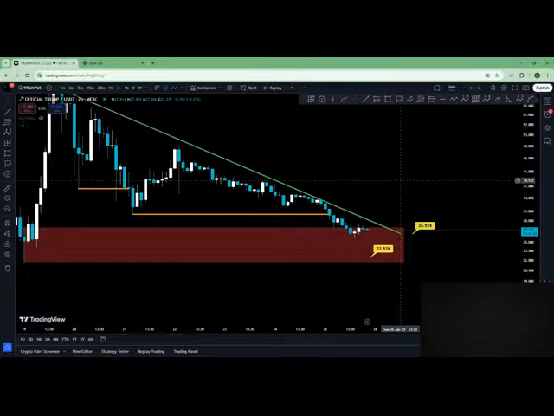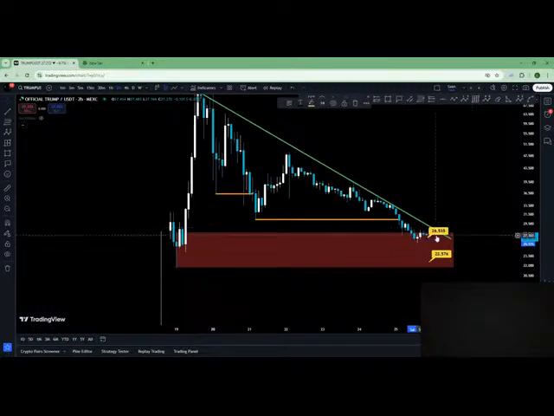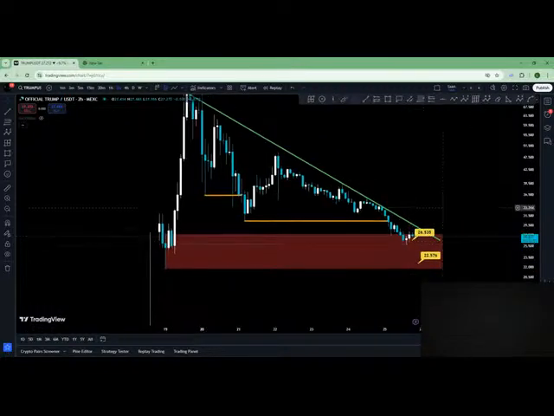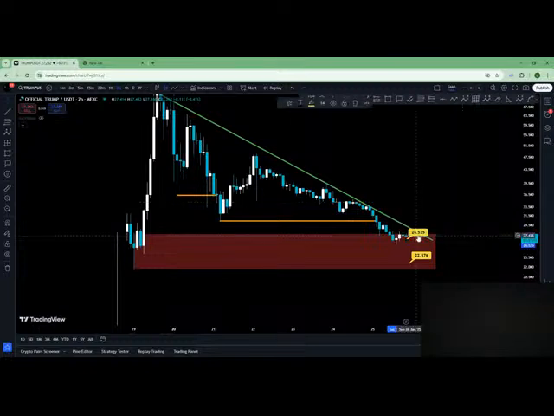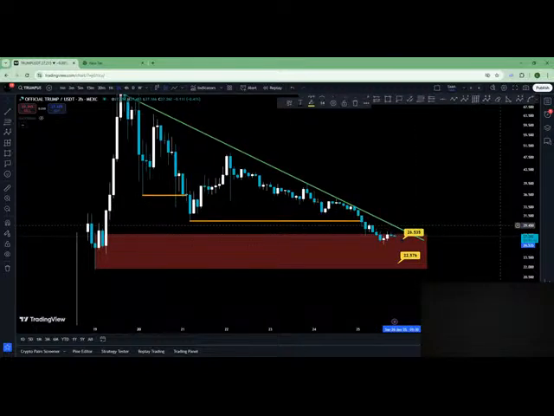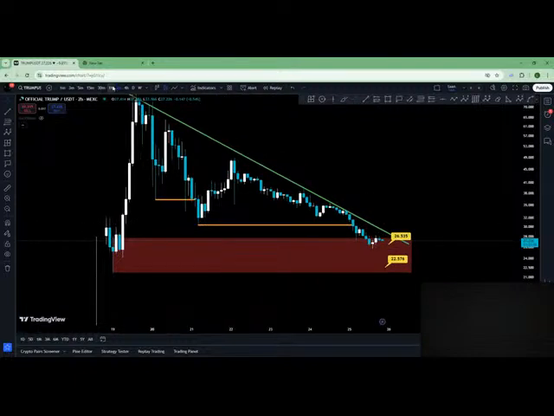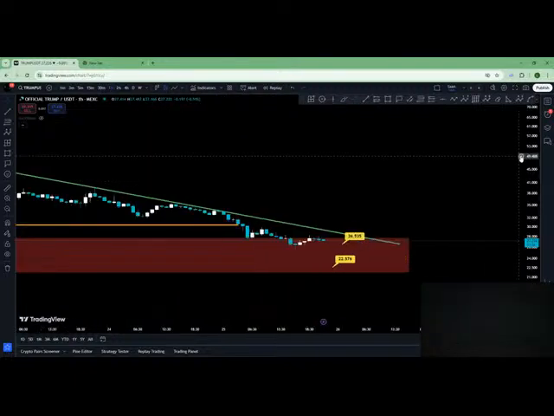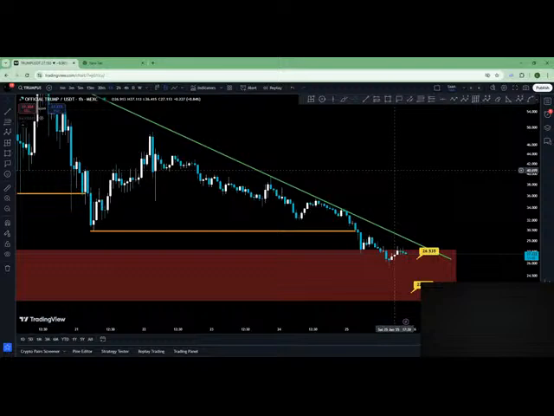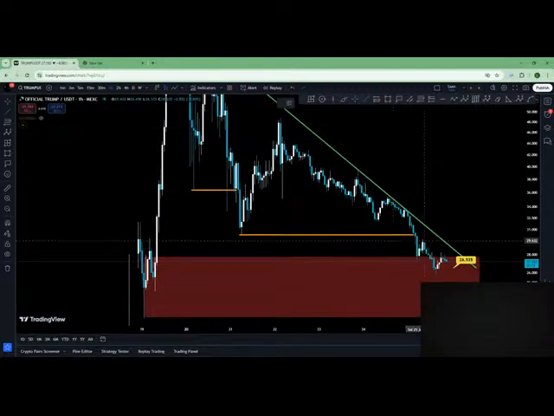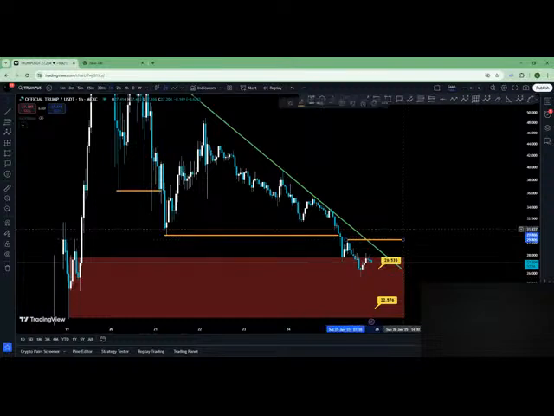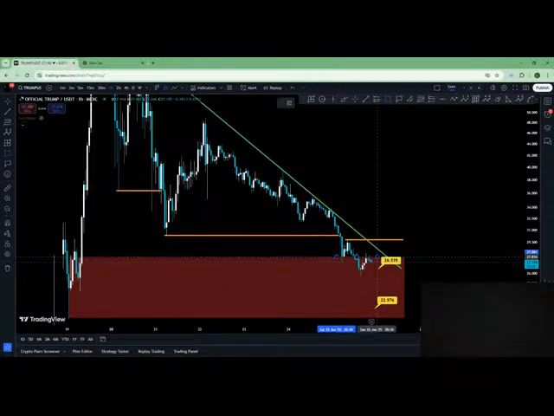Now the market has a clear rejection. You see the hammer candle in the 2 hour time frame. So let's go to the smaller time frame and see what's happening. We confirm the uptrend when the high is broken, and also the market has respected this demand over here.